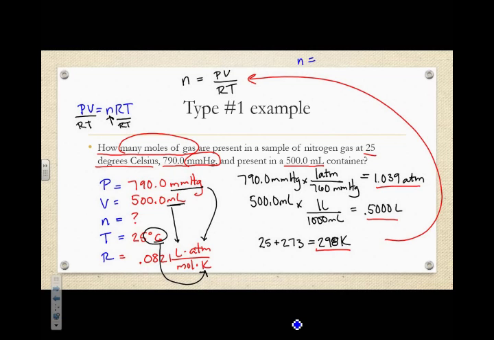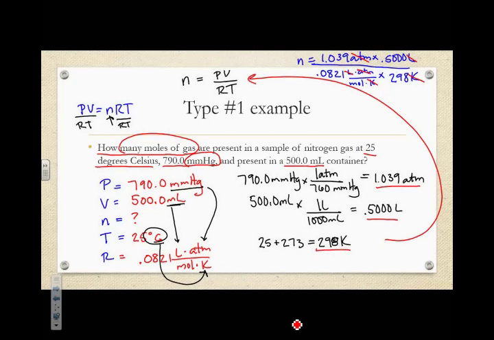So we know n equals my pressure, which was 1.039 atmospheres, times my volume, which is 0.5 liters, divided by R, 0.0821 liter atmospheres per mole Kelvin, all that times my temperature, which is 298 K. Now, I am noticing here that my units can cancel out, liters and atmospheres and Kelvin, and I'm left with moles, which is good.